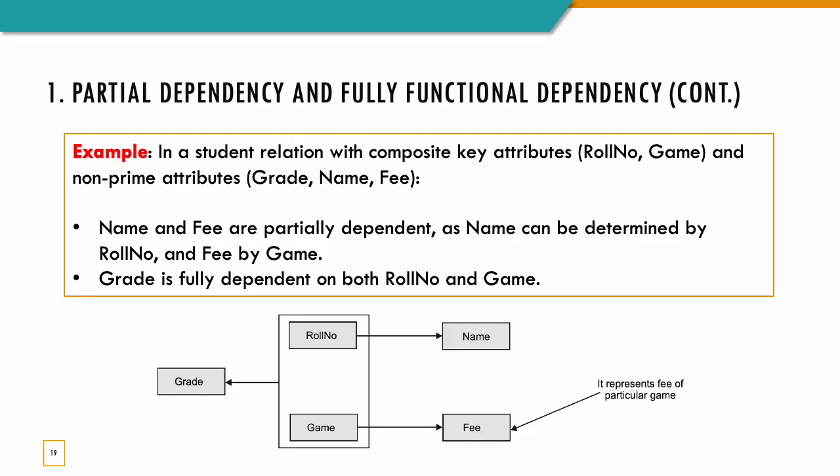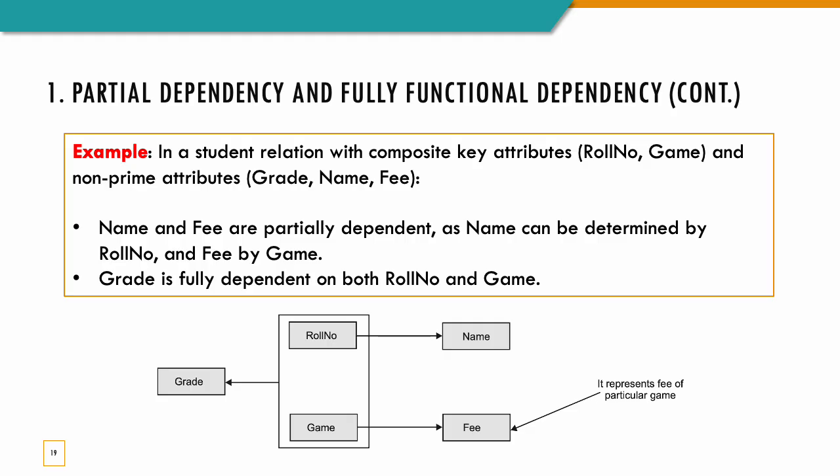You remember that partial dependency happens when a non-prime attribute, or an attribute that's not part of the primary key, is dependent on only part of the composite primary key rather than the whole key.